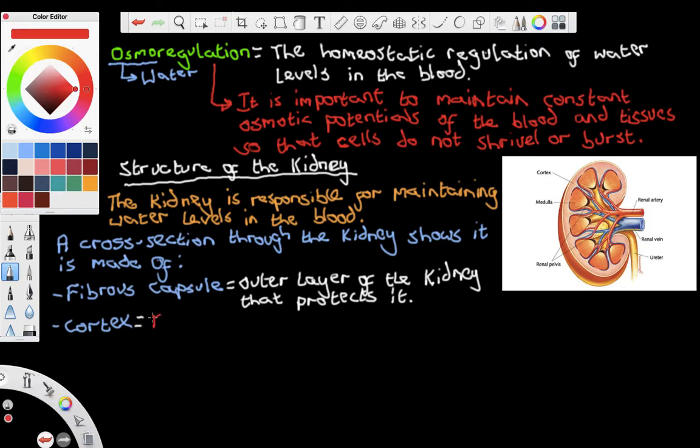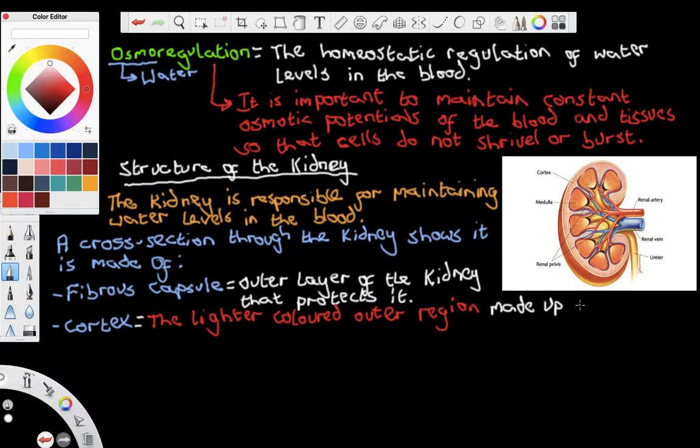So the lighter coloured outer region made up of renal, R-E-N-A-L, also known as Bowman's capsules, B-O-W-M-A-N-apostrophe-S, capital B because it's named after someone, and it's got an apostrophe because it belongs to someone.